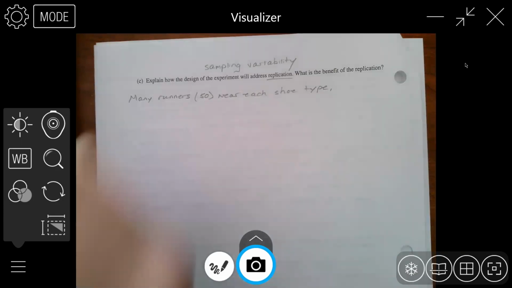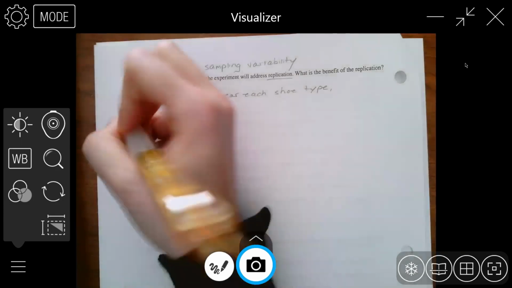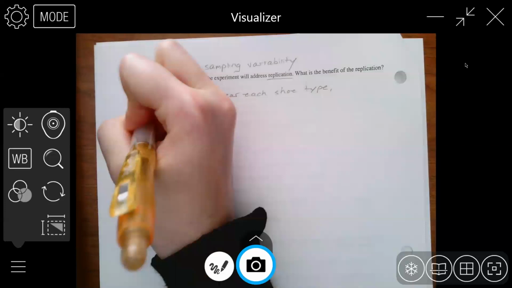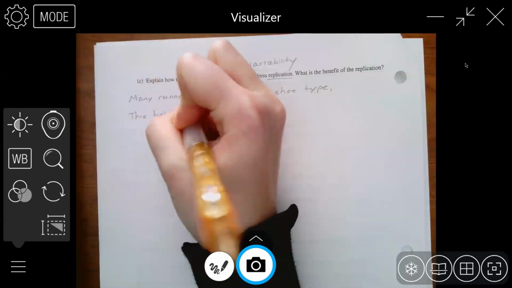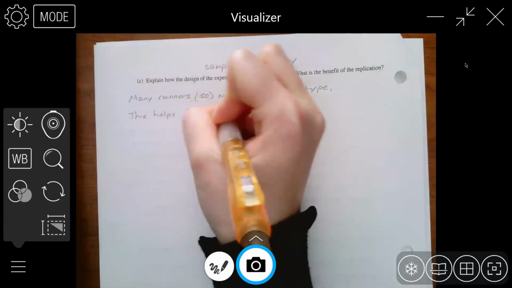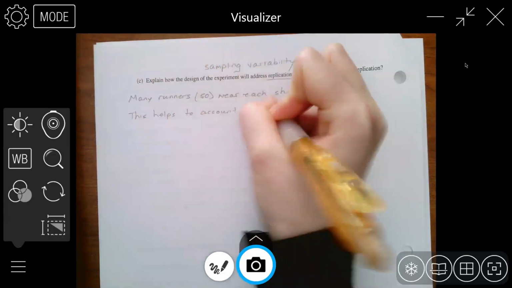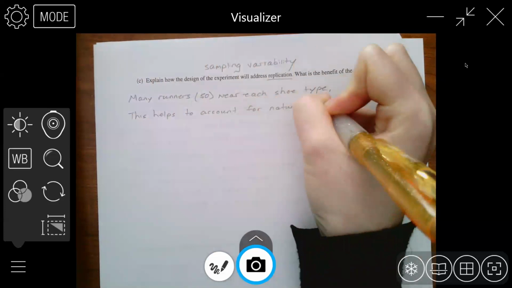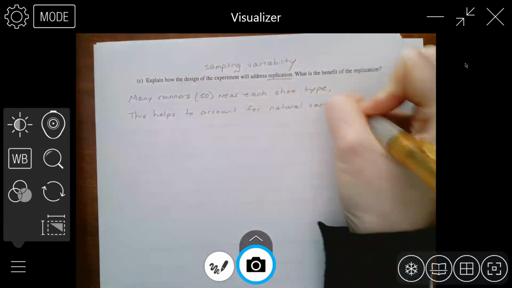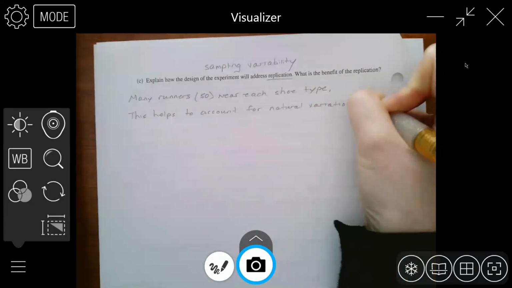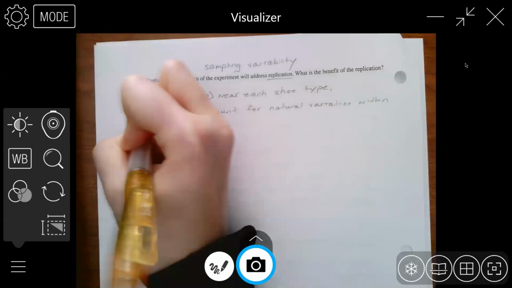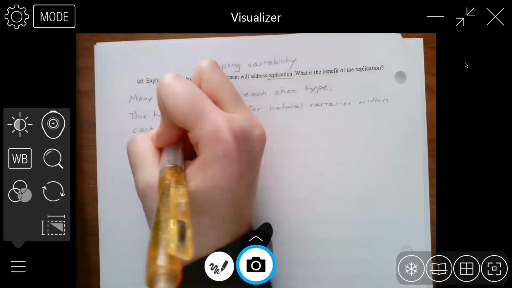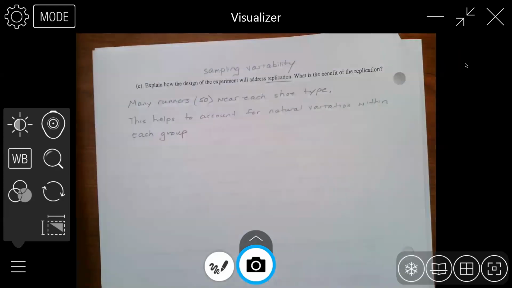So it helps to account for the natural variation within each group, okay?